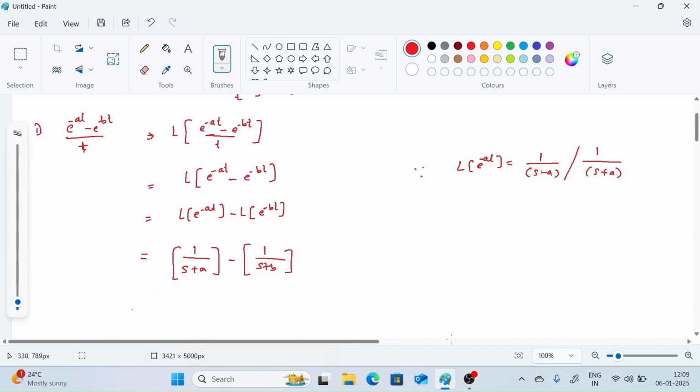So we have received the value of Laplace of e raised to minus at minus e raised to minus bt. So this was the value for it. But what we have to find is the Laplace of (e raised to minus at minus e raised to minus bt) upon t, right?